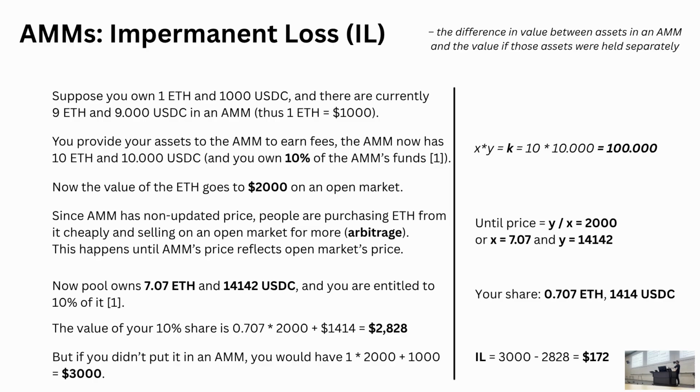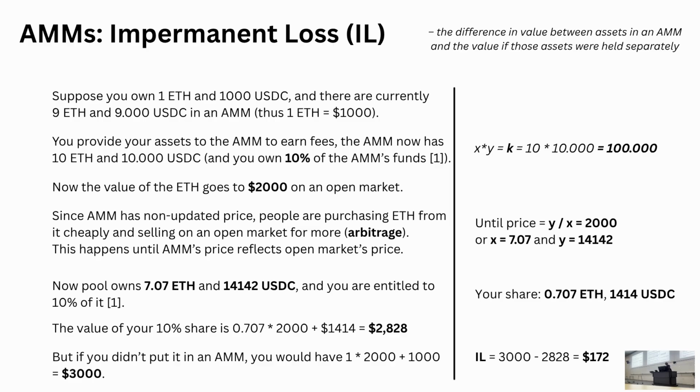So people are naturally going to start purchasing ETH from the AMM at $1,000 and selling it on a centralized exchange at $2,000. It's called arbitrage. And this is going to happen until the price of the AMM is roughly the same as the price on the centralized exchange. So what you want is the price y divided by x, or x divided by y, sorry about that, to be equal to 2,000.